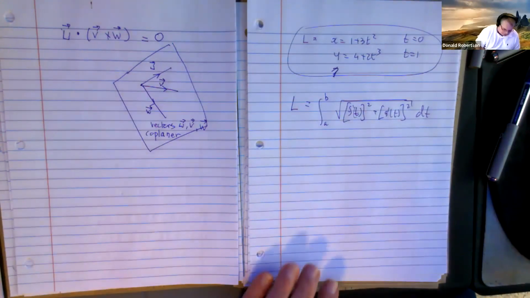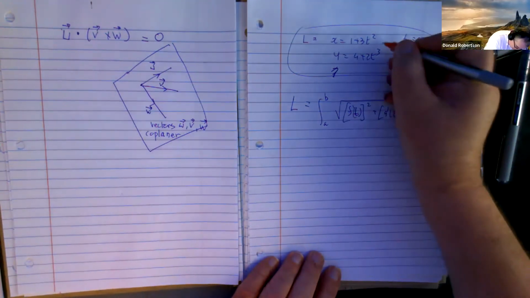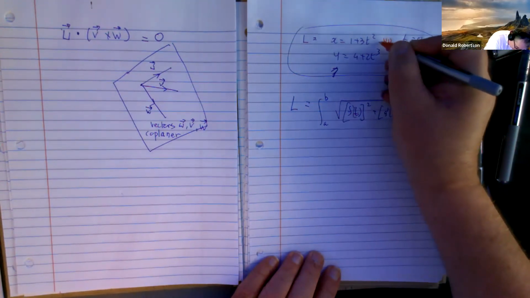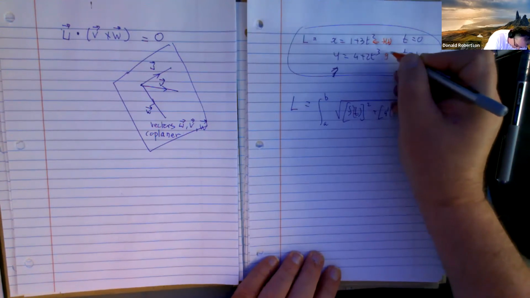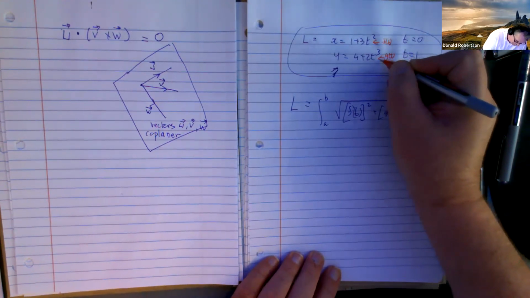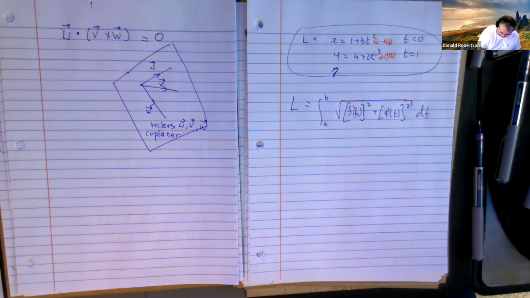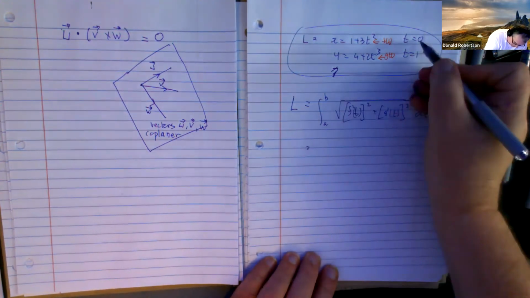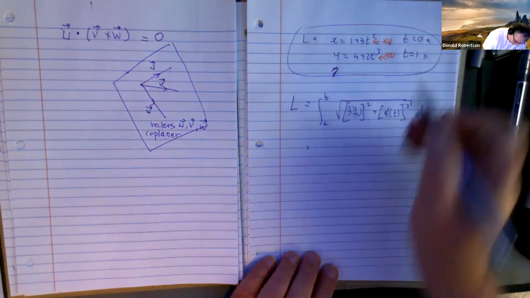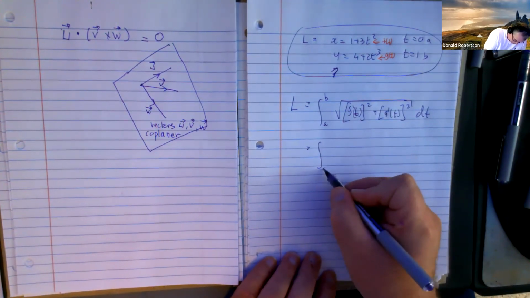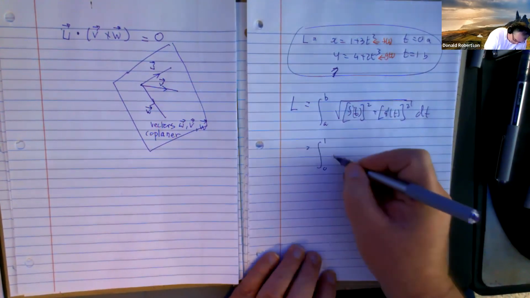So I've identified the correct equation, which is this one. I just have to remember that this guy is called f of t, and this guy is called g of t, so I know who's who. And then that guy is a and that guy is b. So I put the pieces together: 0 and 1.